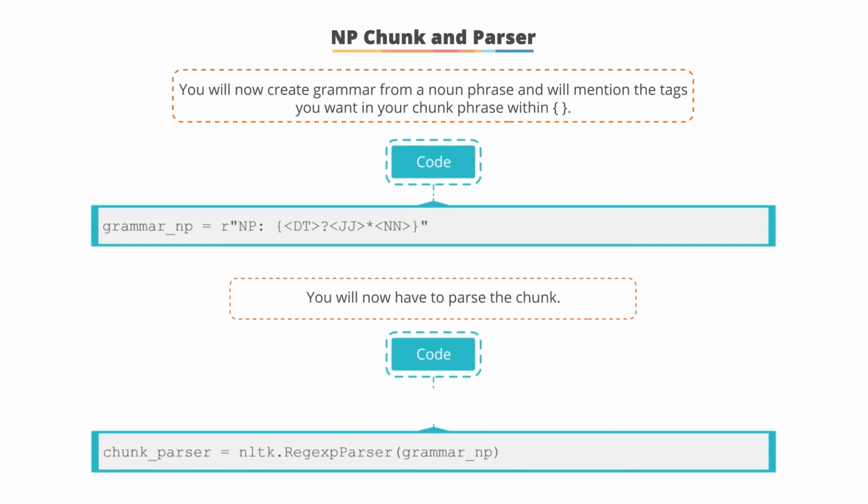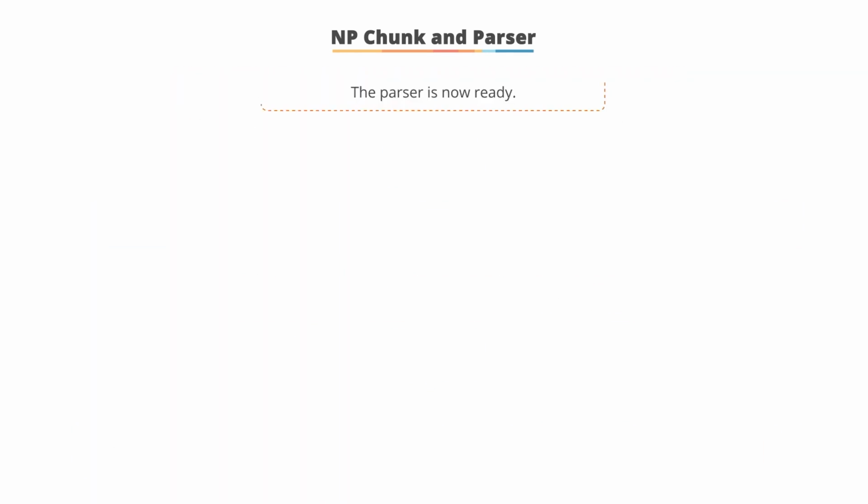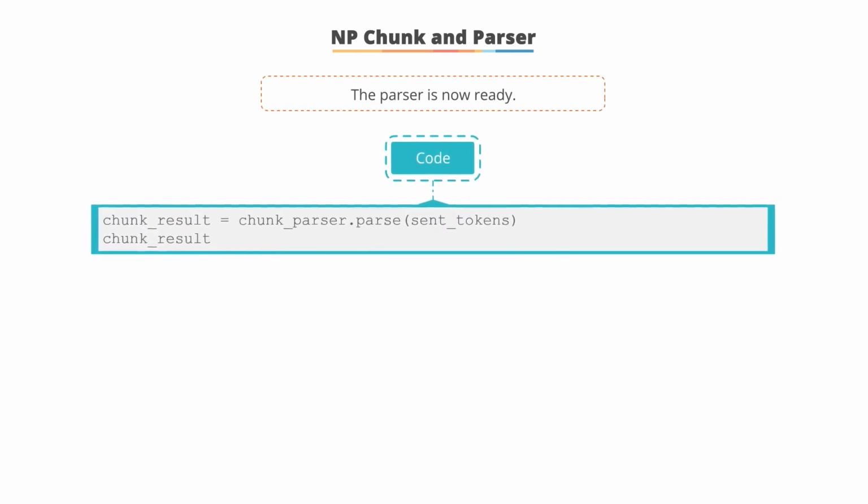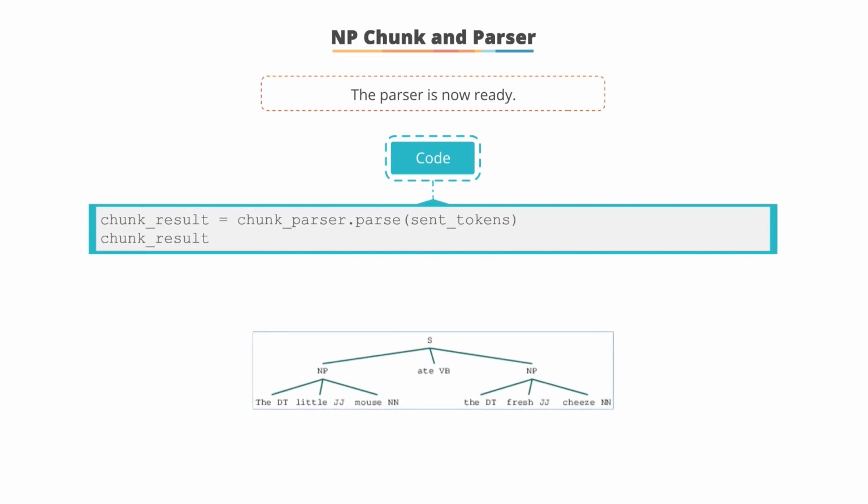Therefore, you will create a chunk parser and pass your noun phrase string to it. The parser is now ready. You will use the parse parenthesis within your chunk parser to parse your sentence. The sentence provided is, "The little mouse ate the fresh cheese." This sentence has been parsed and the tokens that match the regular expressions are chunked together into noun phrases, NP.